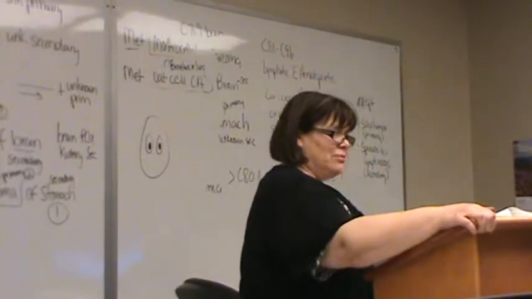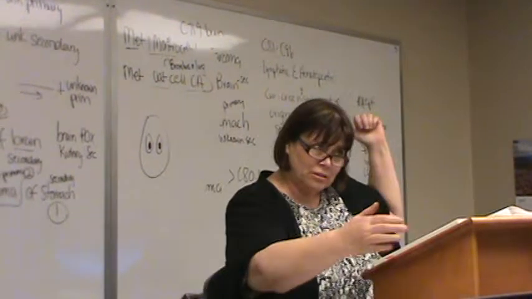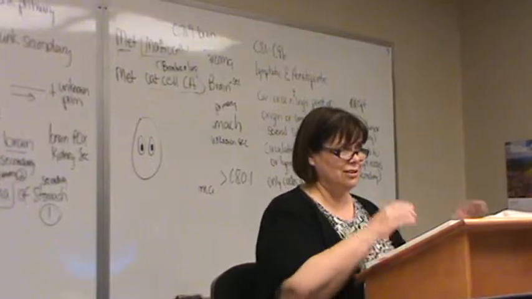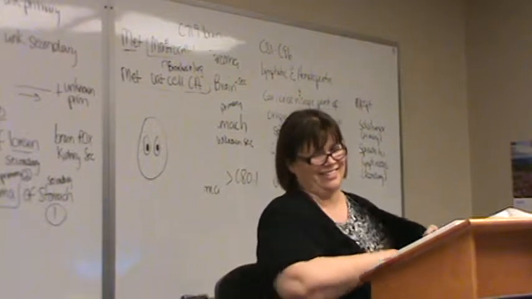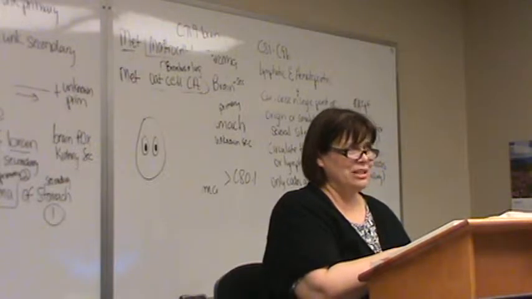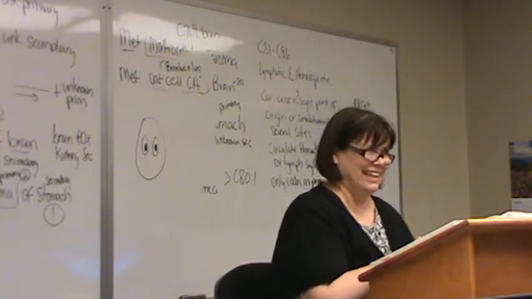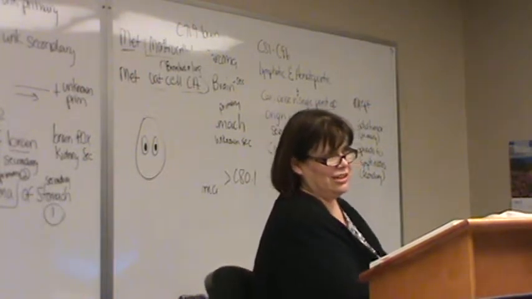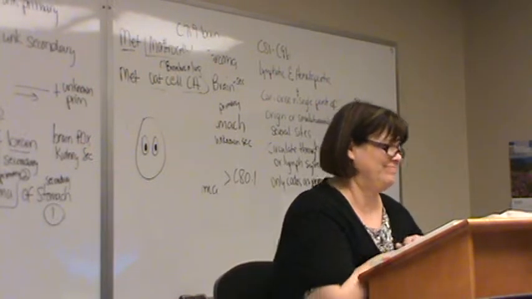So, next time you're on Who Wants to Be a Millionaire, they ask you to draw the Reed-Sternberg cell. You can do it, just big eyes looking at you. That's a good extra credit question. What does the Reed-Sternberg cell look like? Don't put eyelashes on it though, or I'll think you're drawing eye bugs.